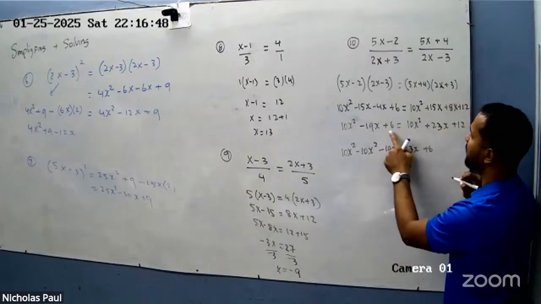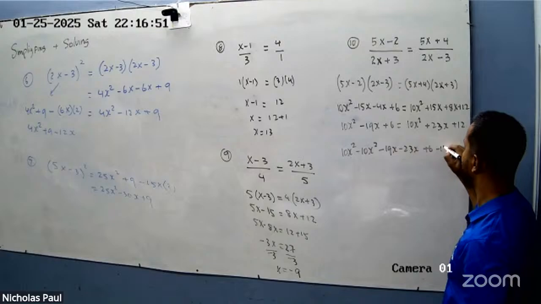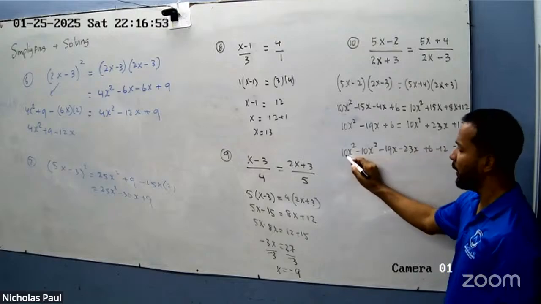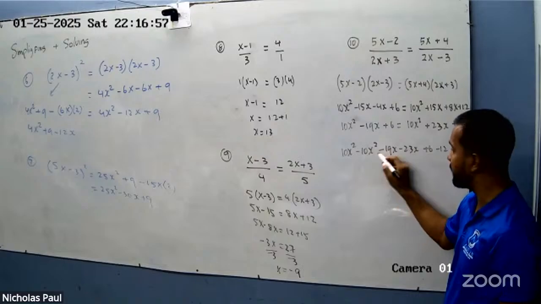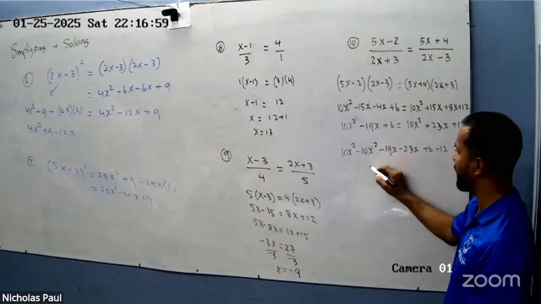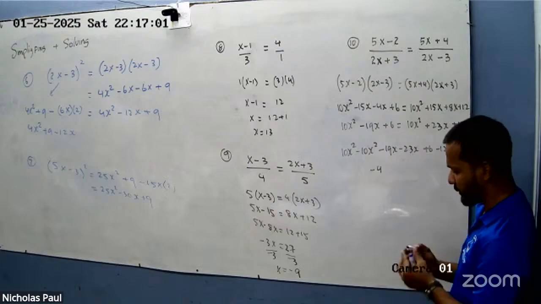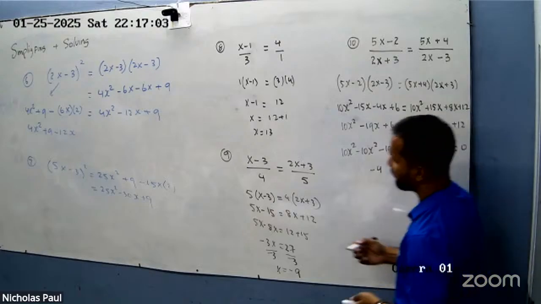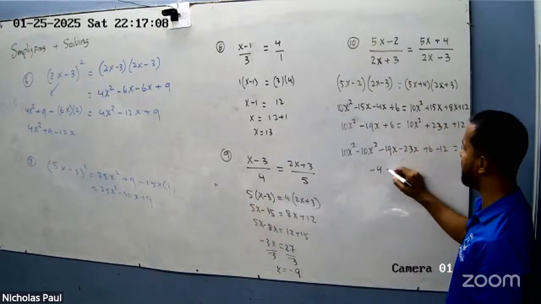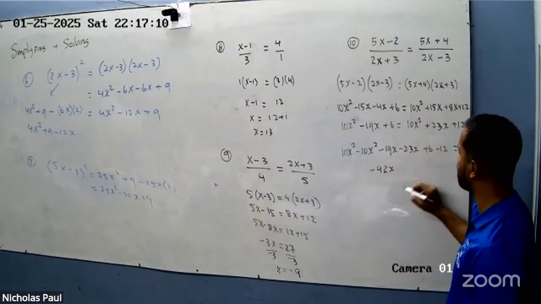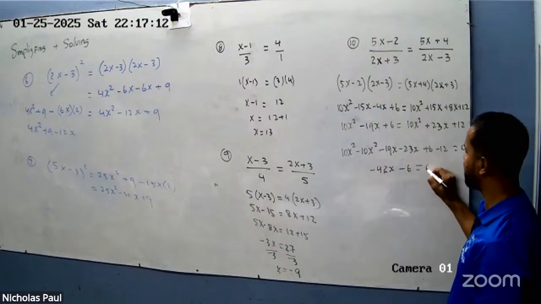Move across, they are minus 12. This works out nicely. Cancel off. Right? Minus 19 minus 23 is minus what? Yeah, minus 19 minus 23 is minus 42, and here is minus 6.